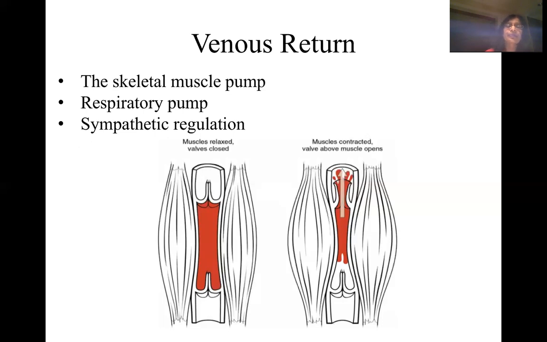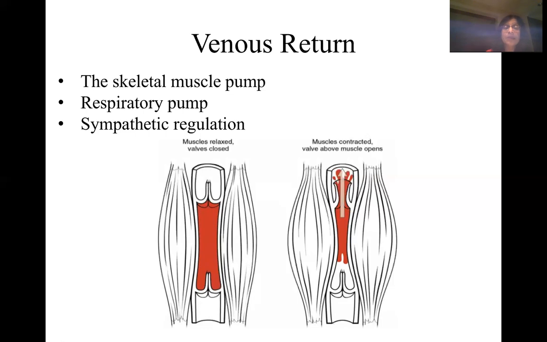Okay, so let's talk about skeletal muscle pump. So if you're thinking about the veins tucked between two muscles in your legs, like shown here, okay, and note here, this vein has valves, okay, veins in the lower parts of the body typically are equipped with valves just to make sure that the blood doesn't pool in the lower parts of the body.